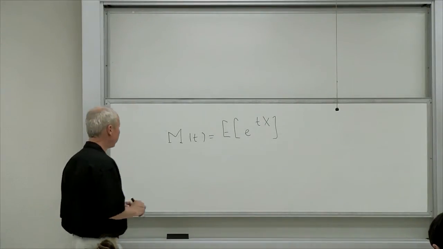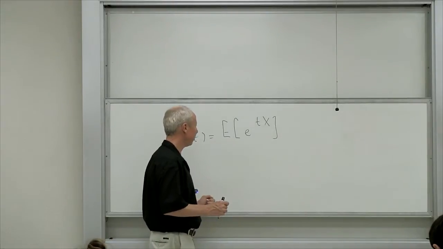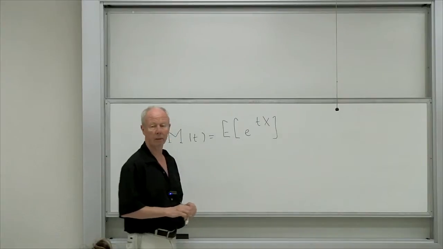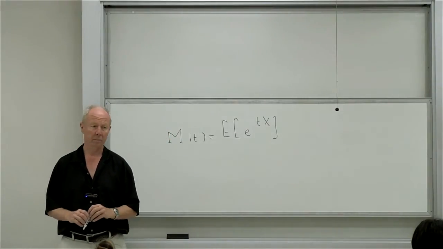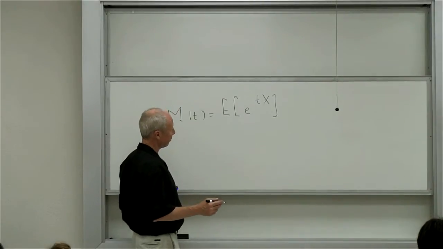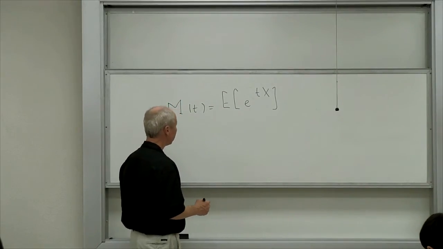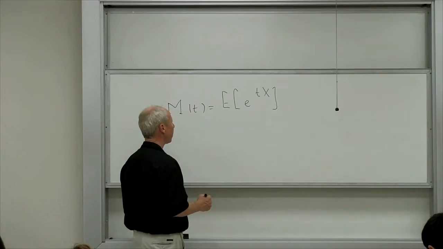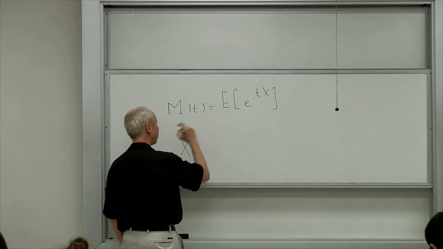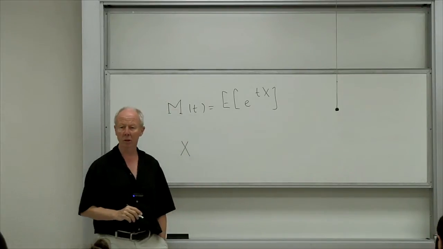In other words, you can't have two different densities giving the same moment generating function. So you can use this, as I said last time, to determine probability distributions.